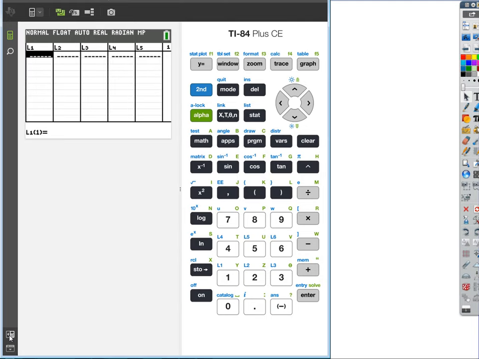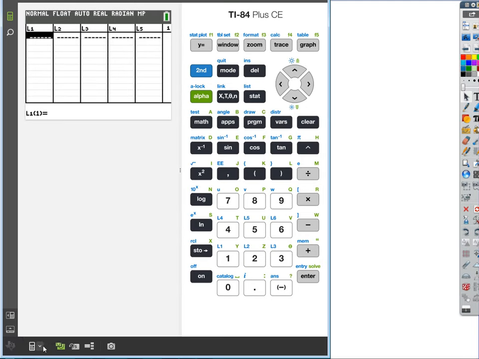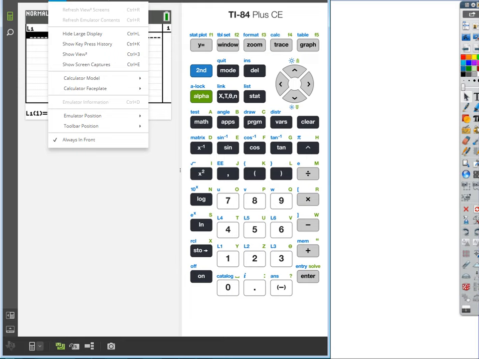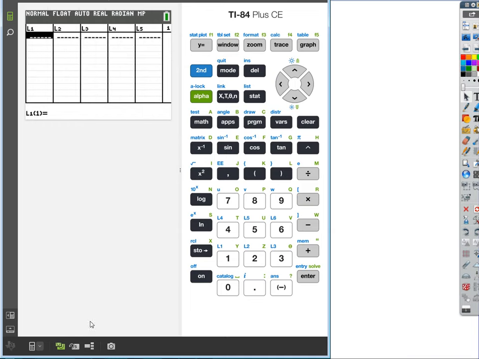No, the bottom one, pull that toolbar up. Oh, right there. Oh, okay, that's something different. Go back to view. Go calculator faceplate. Oh, emulator position, actually. Left, right, that's just the same thing. Toolbar position. Okay, I think I know what it is. I bet I know what I have to do.